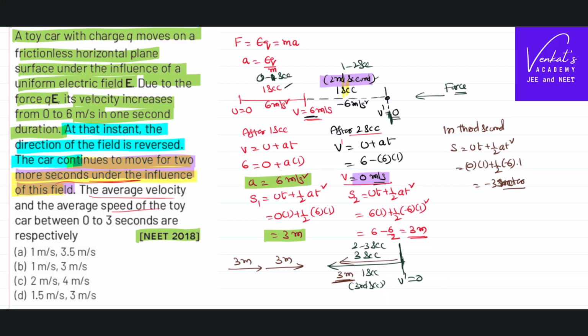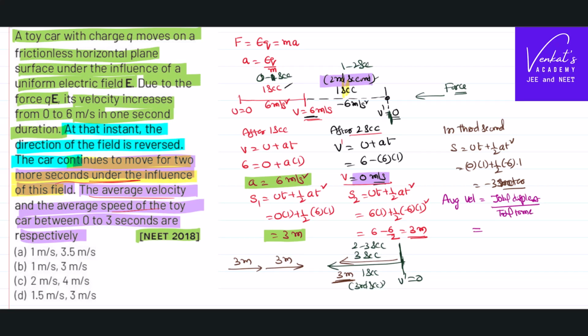Once you got that, then what is the average velocity and average speed between 0 to 3 seconds? Finding that out is quite easy. How can I find out? Tell me. Average velocity is total displacement by total time.